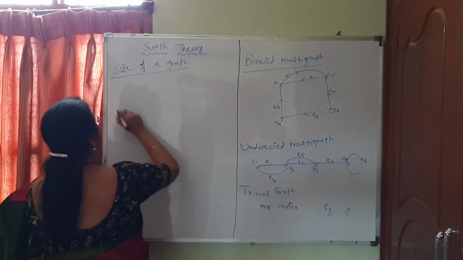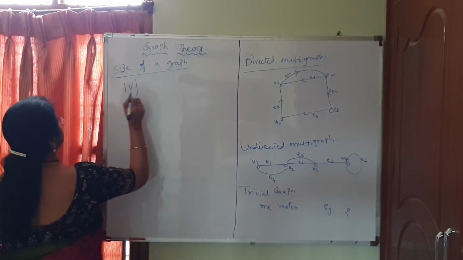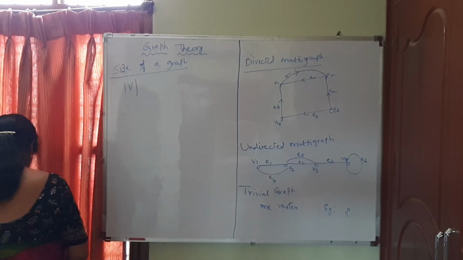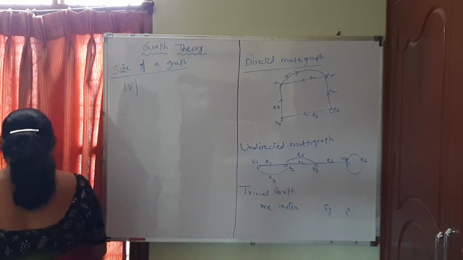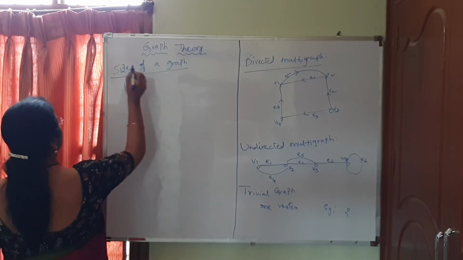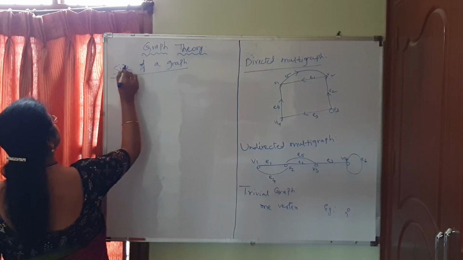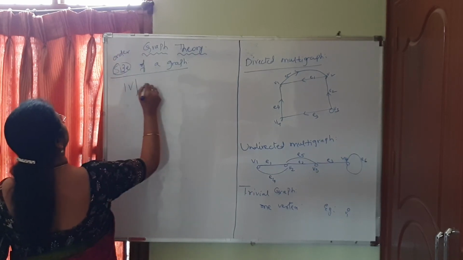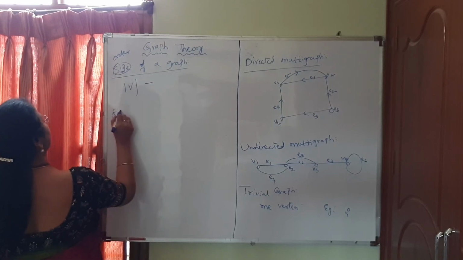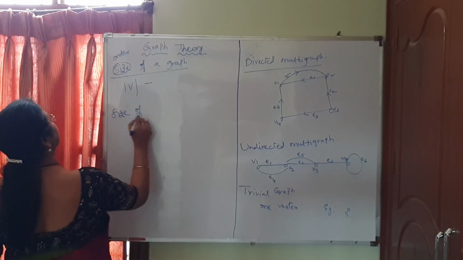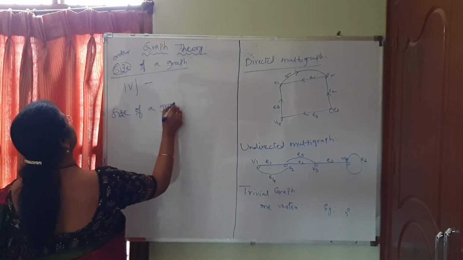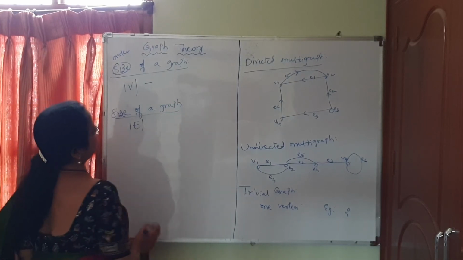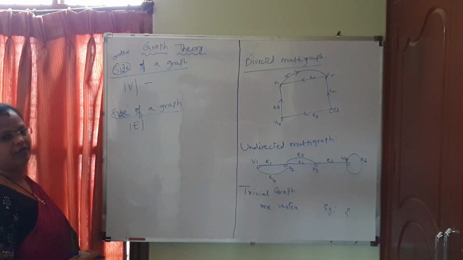In any graph, the number of vertices is called as order of a graph, and number of edges is called as a size of a graph.